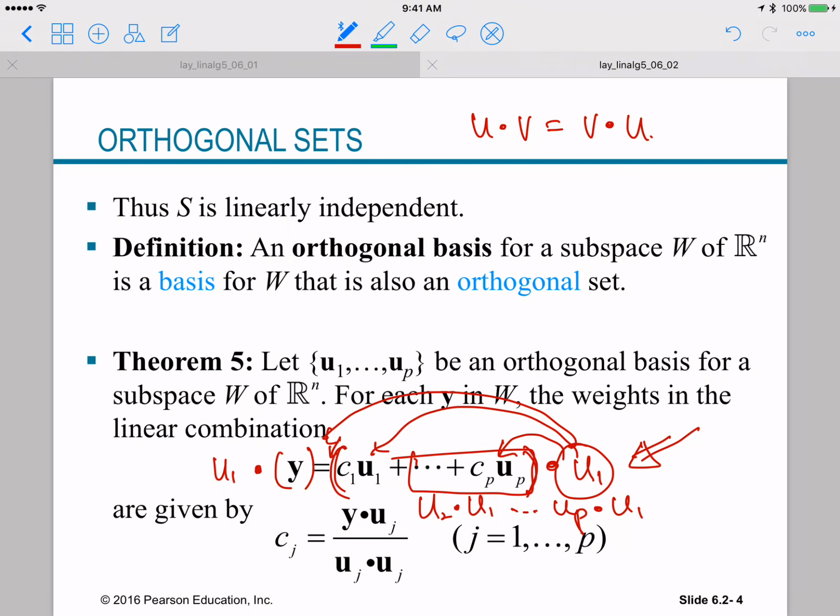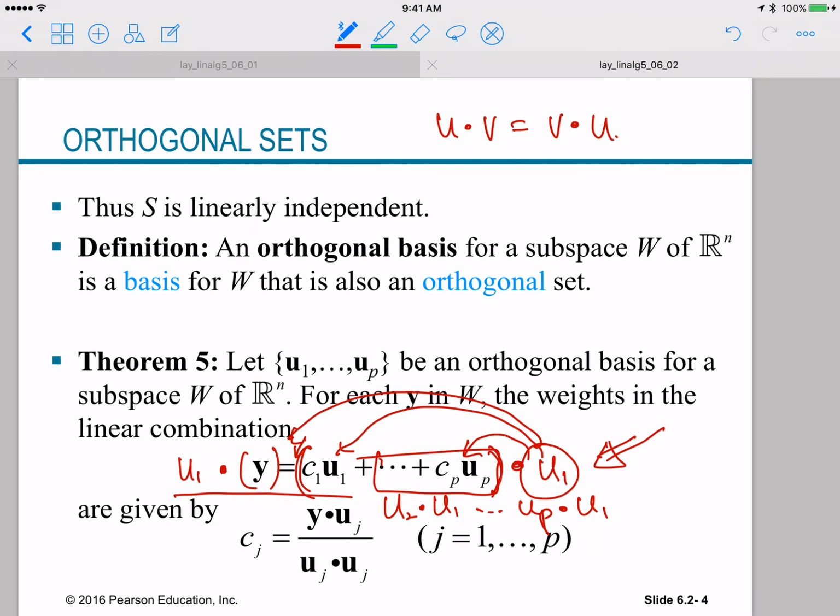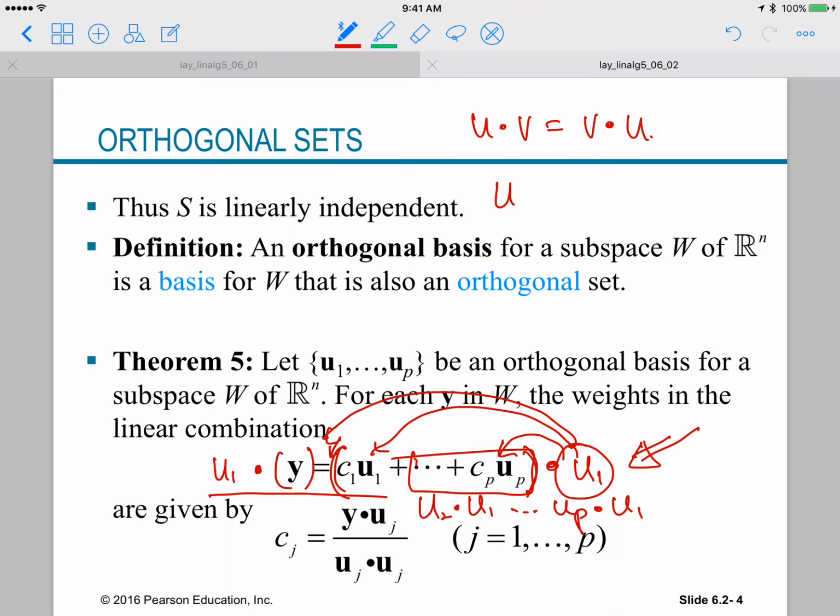So if we rewrite it, the left hand side will become u1 inner product with y, and the right hand side will become c1 times u1 inner product with u1.